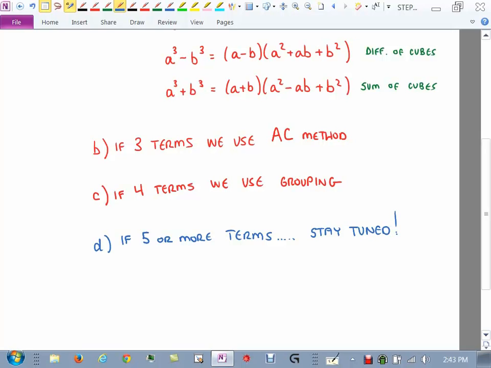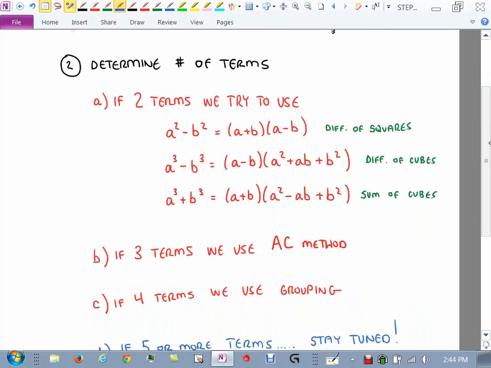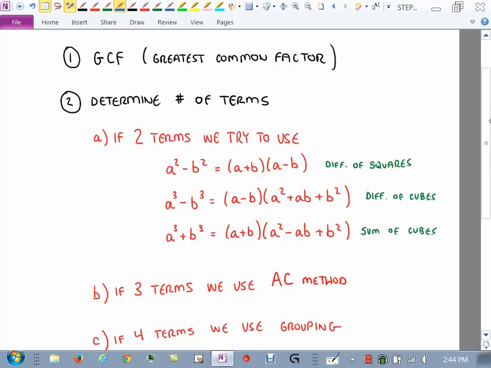We will be able to handle things with 5 or more terms, just not yet. Part of what we're going to develop in this class when we get to Chapter 3, after the first exam, is when we'll start to attack this situation. So that's the standard set of techniques utilized to factor. It's basically GCF and count your number of terms. Once you know the number of terms, you try these things. All right, so let's do a couple of examples.